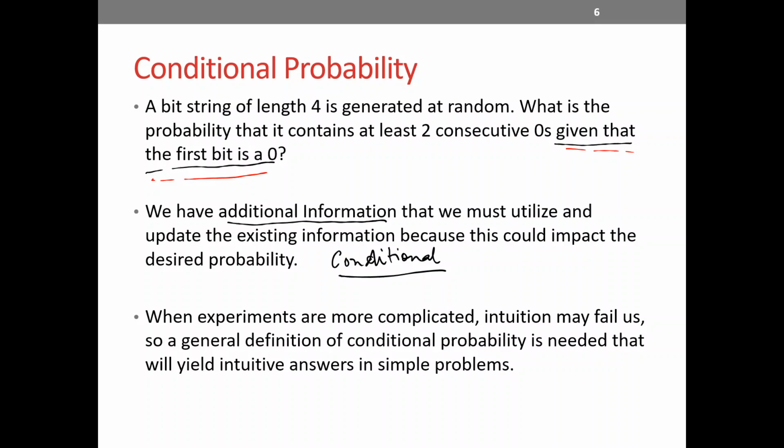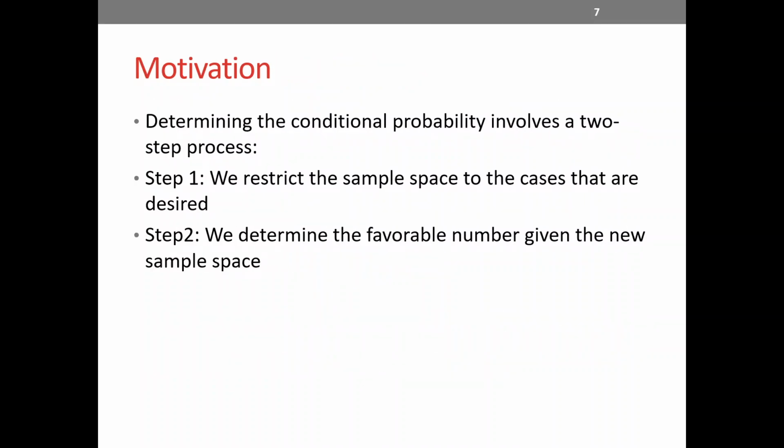So which is why I'm saying when experiments are complicated, intuition may fail us. It was easier when we were looking at the problem of cards earlier, but now this is not that easy. So we have to come up with a certain formula, a certain technique, and that's why we define conditional probability. The motivation behind conditional probability involves a two-step process.